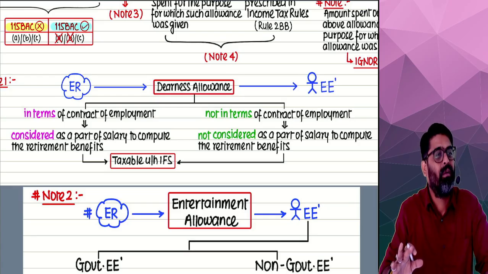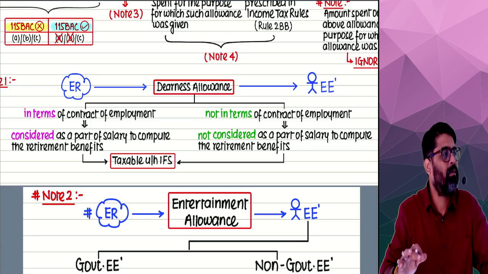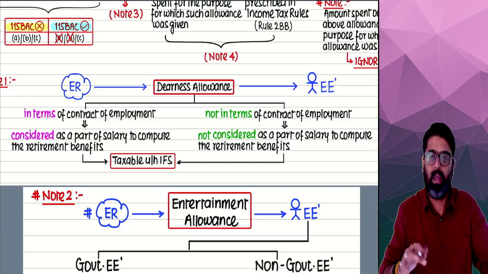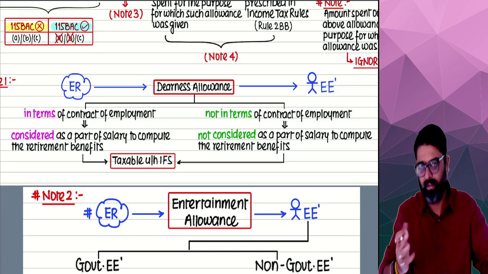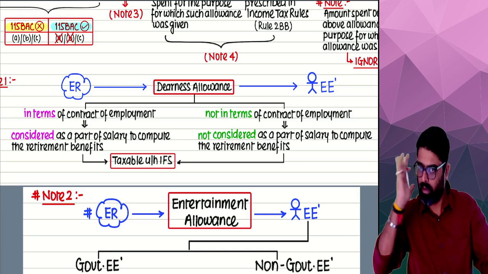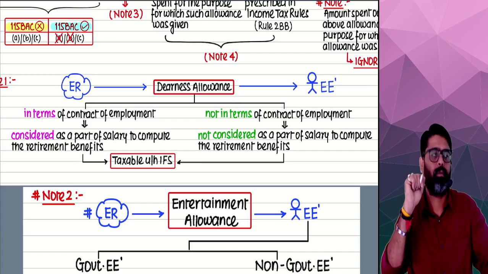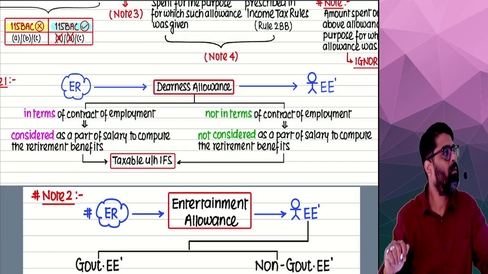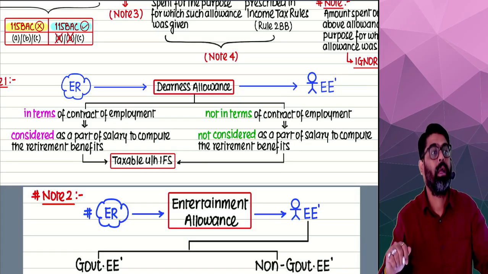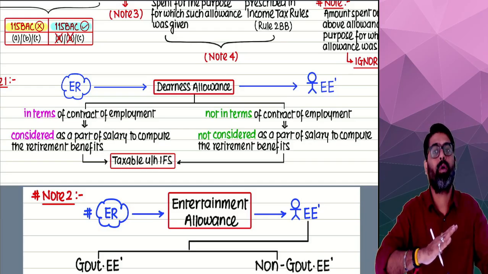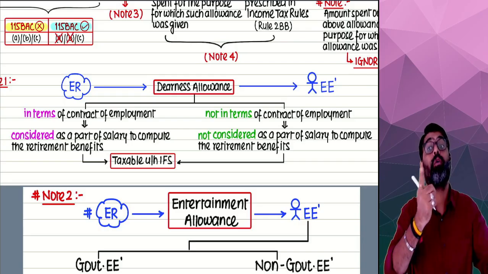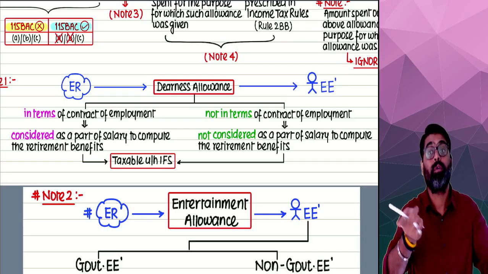Let's say I don't take DA in the terms now. I'll not write DA in the contract. I want to give you 25,000 DA. That is what I have thought I am supposed to give my employee. But in the contract, I will not write 25,000. I'll write only 10,000. Only the lesser amount of DA will form part of the salary for my retirement benefits.